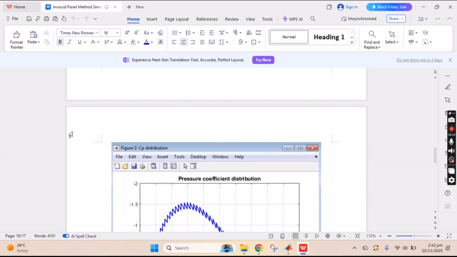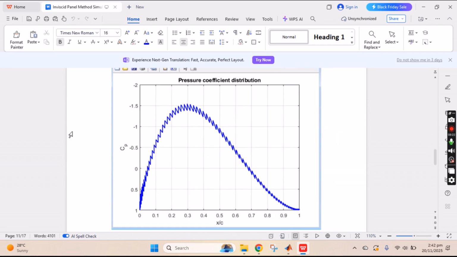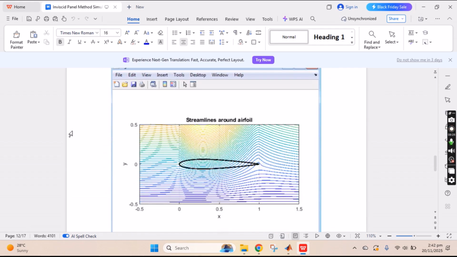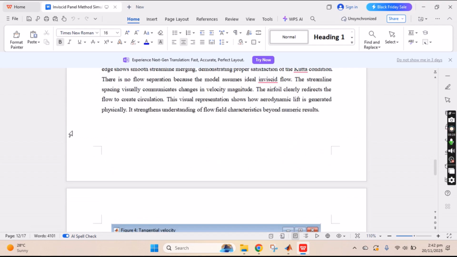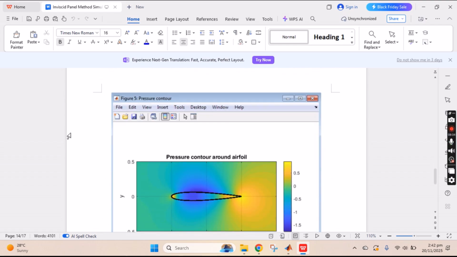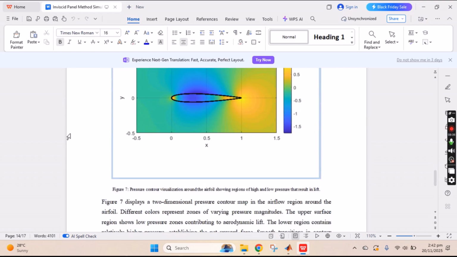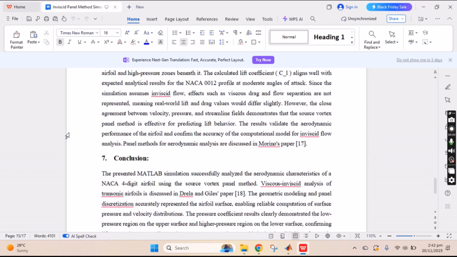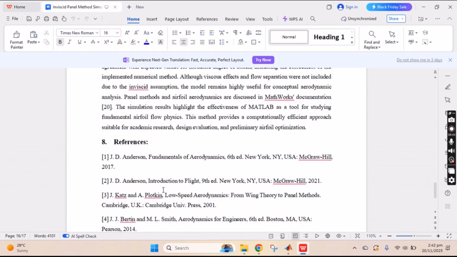The pressure coefficient distribution results are there, with the streamlines around the airfoil as well as the surface tangent velocity distribution. This is a pressure contour around the airfoil, and these are the results and discussion with the conclusion as well.